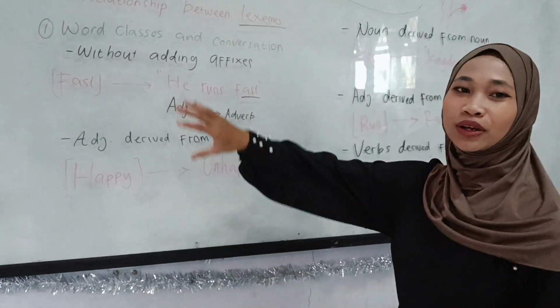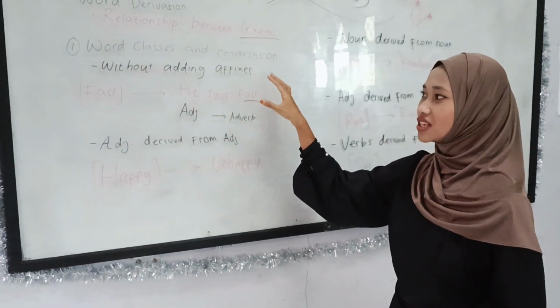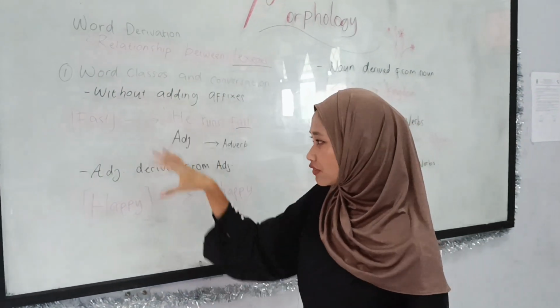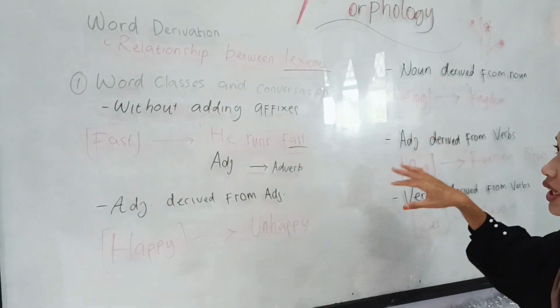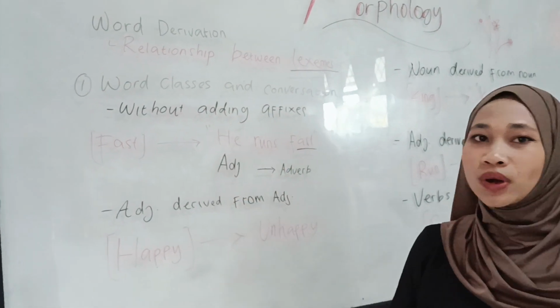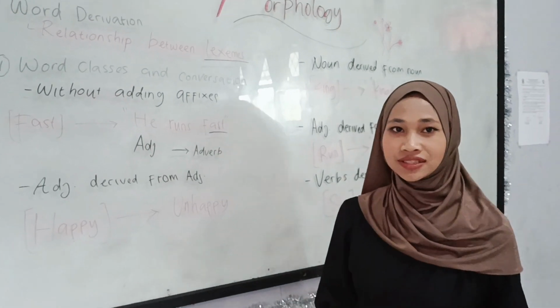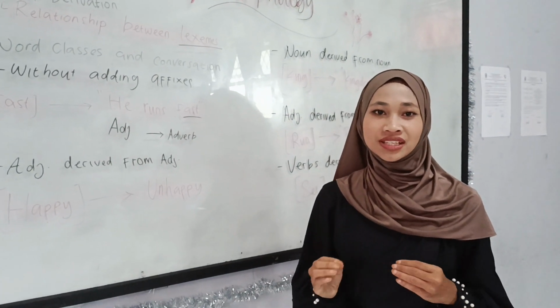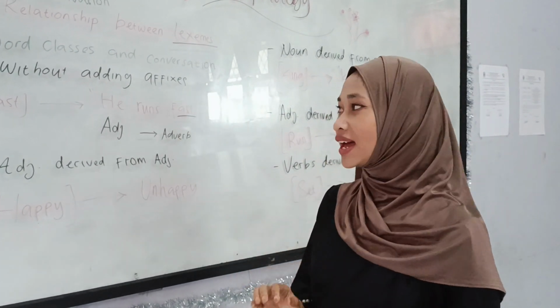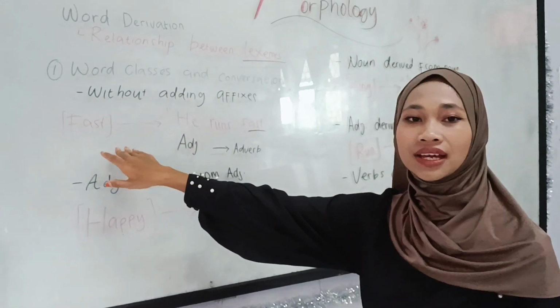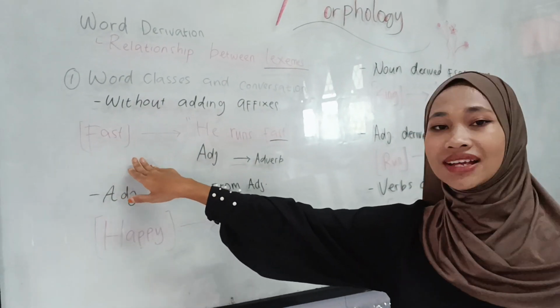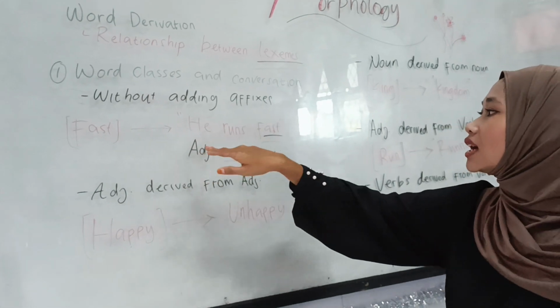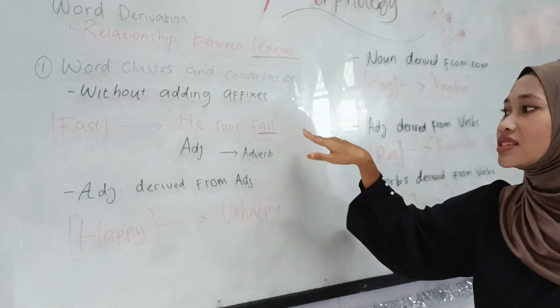The first one is about word classes and compositions, and they divide it into more examples. The first is changing without adding an affix. The first word is fast, in the sentence "he runs fast."